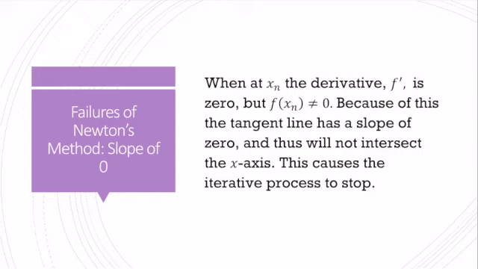This often occurs when we don't choose an x close enough to our desired root. If we had let our x naught be right here, then the tangent line at this point would have found our root really closely. So be careful to choose a point close enough to your root.